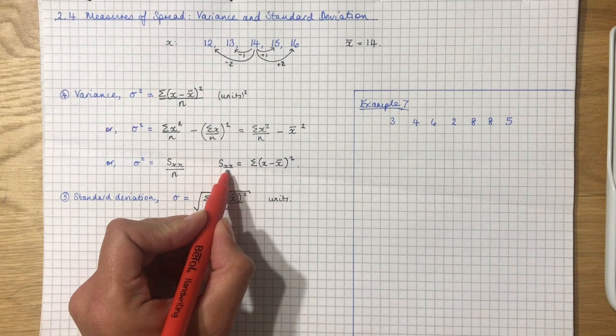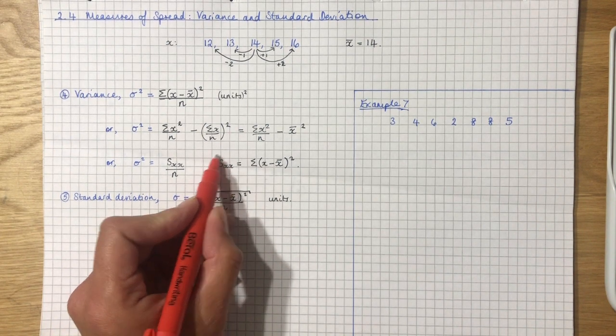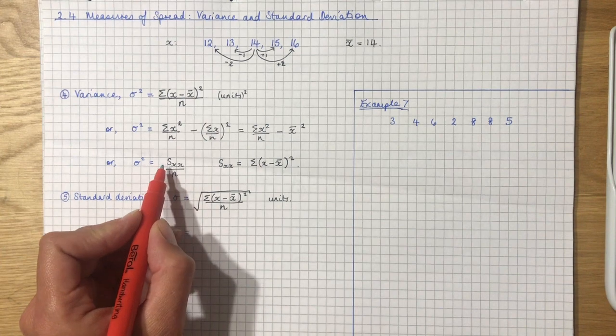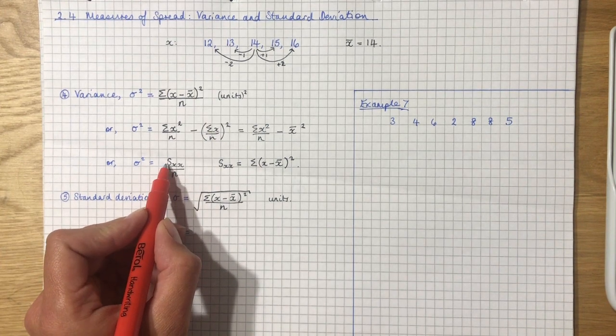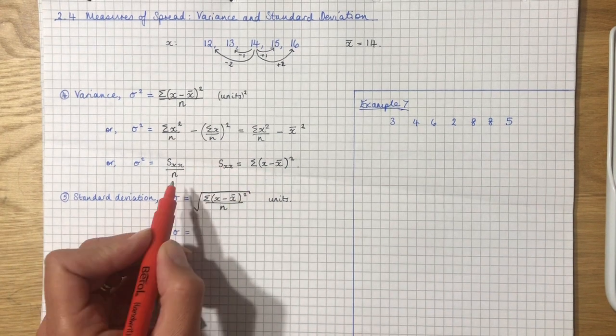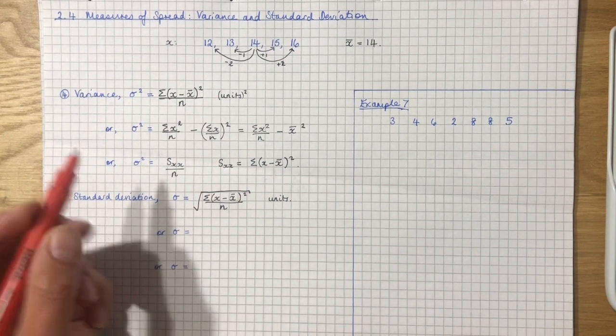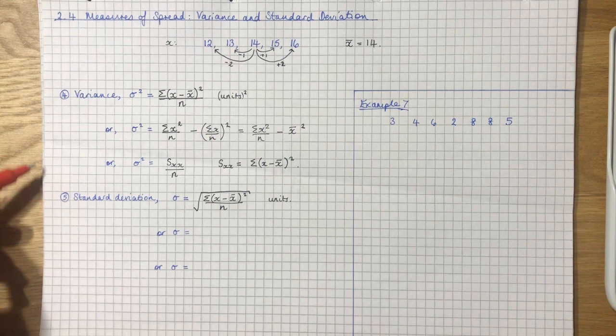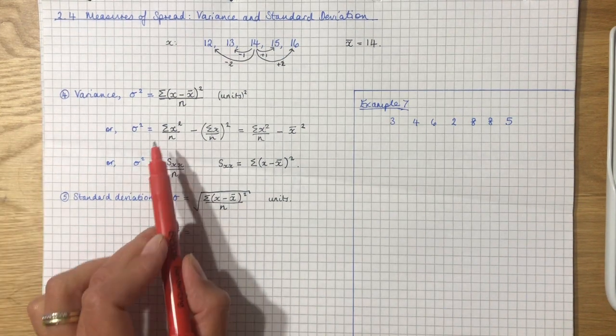Now, your calculator gives you this, and sometimes exam questions will give you this as well. So it's important that you know that the variance can be found by dividing this, which is called SXX, by n.